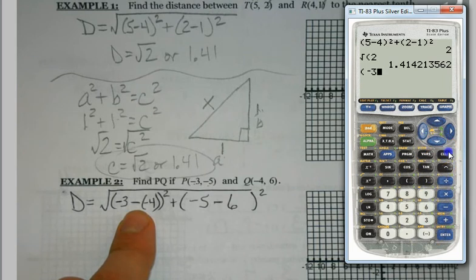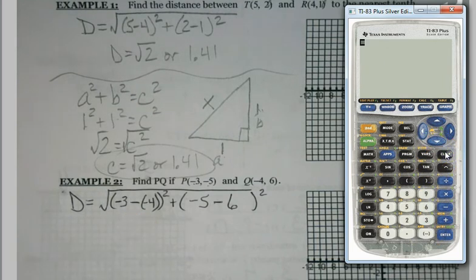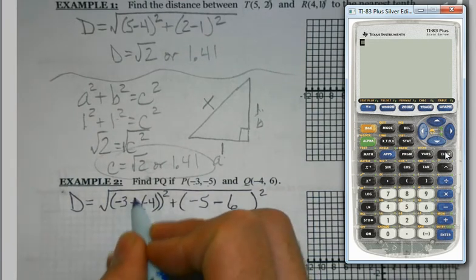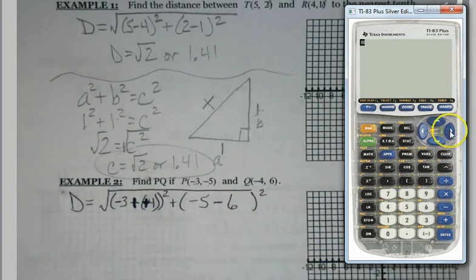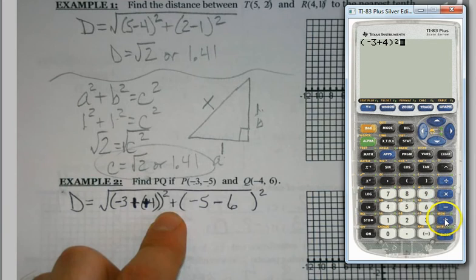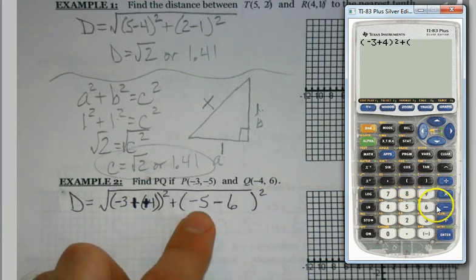Maybe we can clear this up a little bit. I'm going to clear this off for a minute. What happens when you minus a negative? Okay, so this is really plus. So when I go to type it in, I'm going to type in negative 3 plus 4 squared, because I don't want all those extra parentheses, plus negative 5 minus 6 squared.